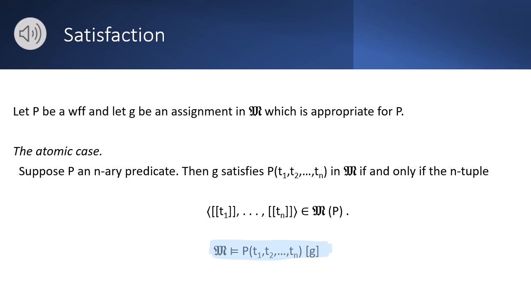Therefore, together they assign an element of the domain of discourse to any one of the terms, either a constant or a variable. That's the notation that we looked at on our previous slide.